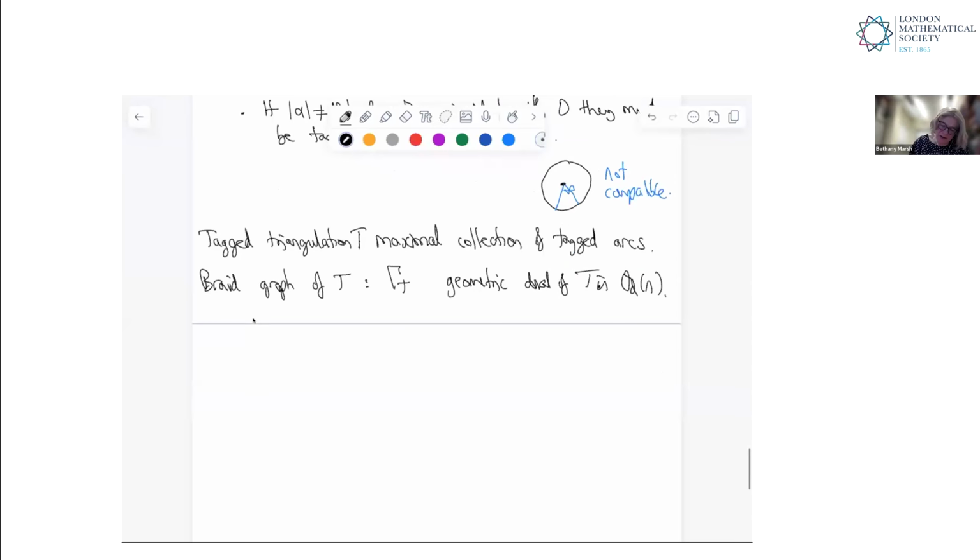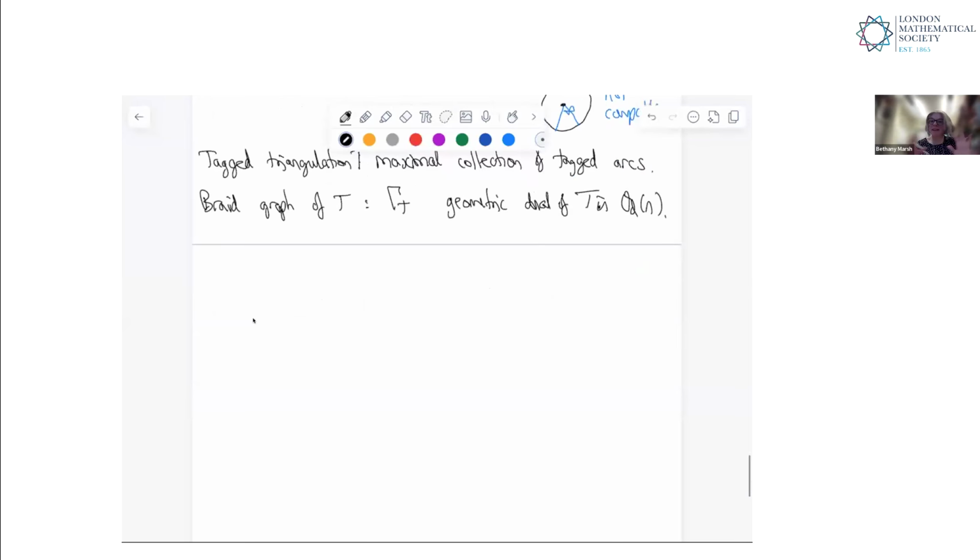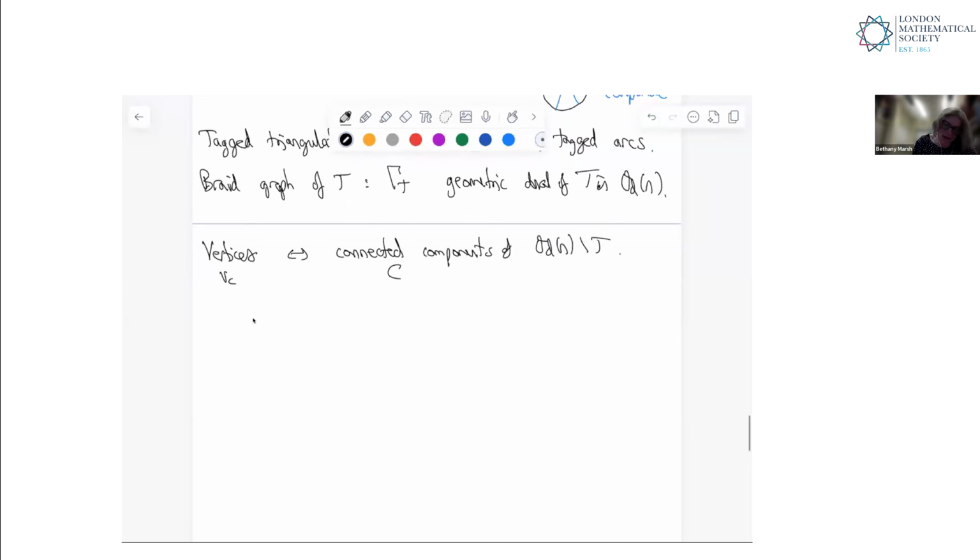It's the same as if you've got a graph embedded in the plane, you have a geometric dual. The vertices correspond to connected components of the complement, so the triangulation will divide the disk up into regions. And if two of those connected components share an edge, you draw an edge in the geometric dual between the corresponding vertices.